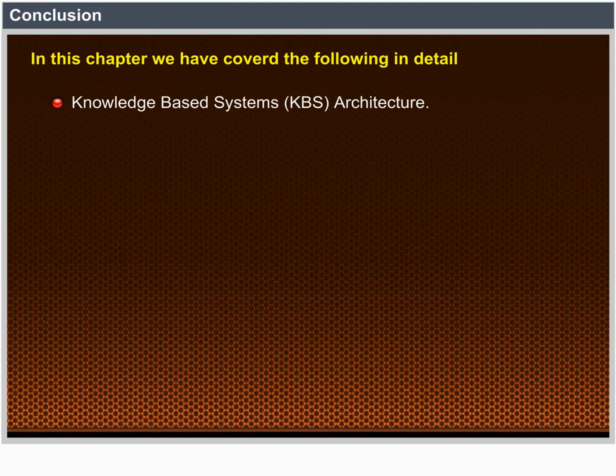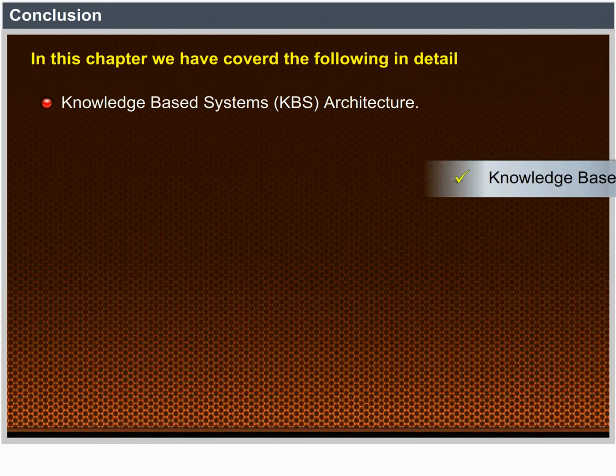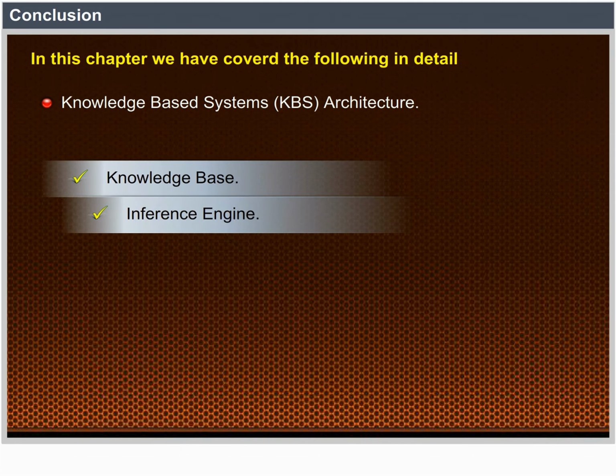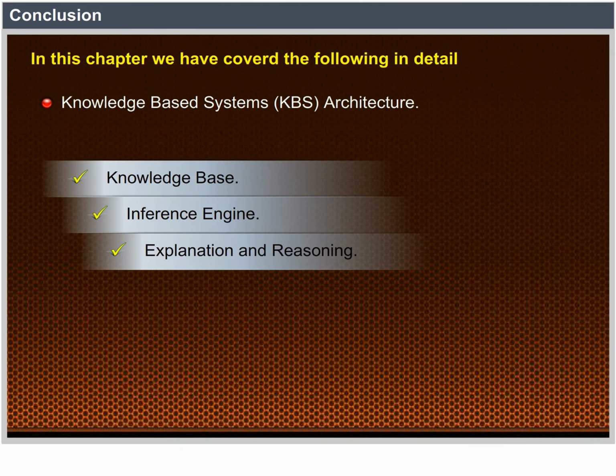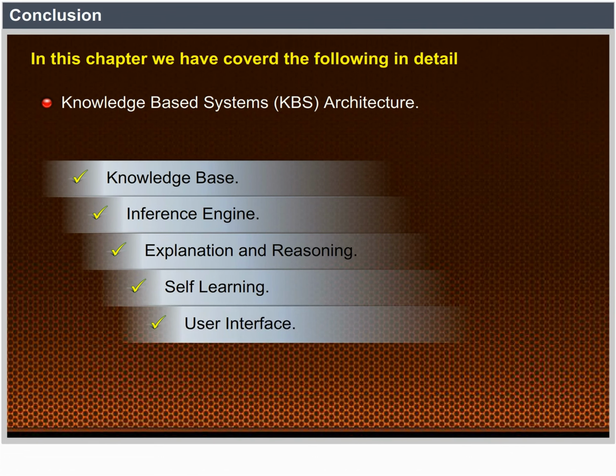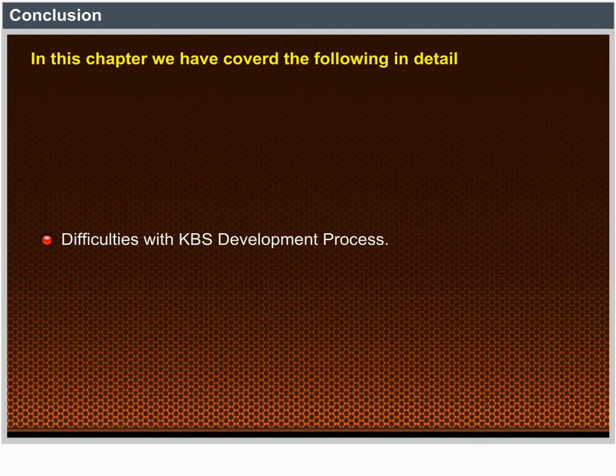Conclusion. In this chapter, we have covered the following in detail. Knowledge-based systems, KBS architecture. Knowledge base. Inference engine. Explanation and reasoning. Self-learning. User interface. Difficulties with KBS development process.